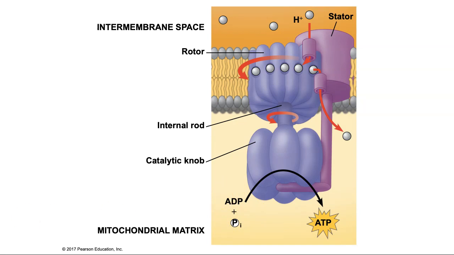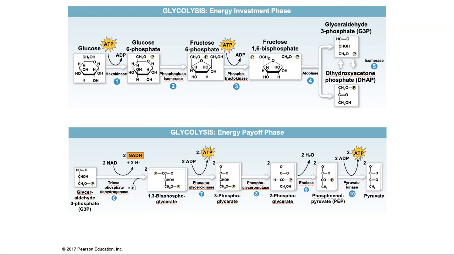So we have two ways to phosphorylate to create ATP. We can either have enzymes make it for us, like we see here, right? This is an enzyme, phosphoglycerokinase or pyruvate kinase. These are our two enzymes that are phosphorylating the ADP to make ATP.